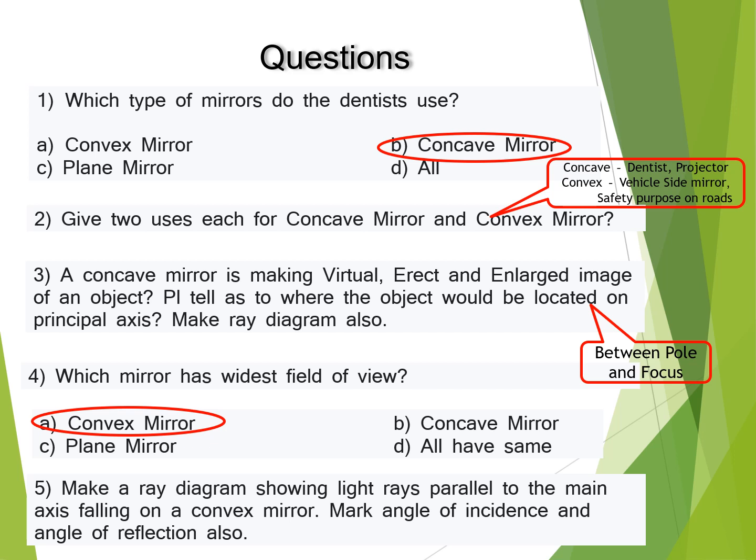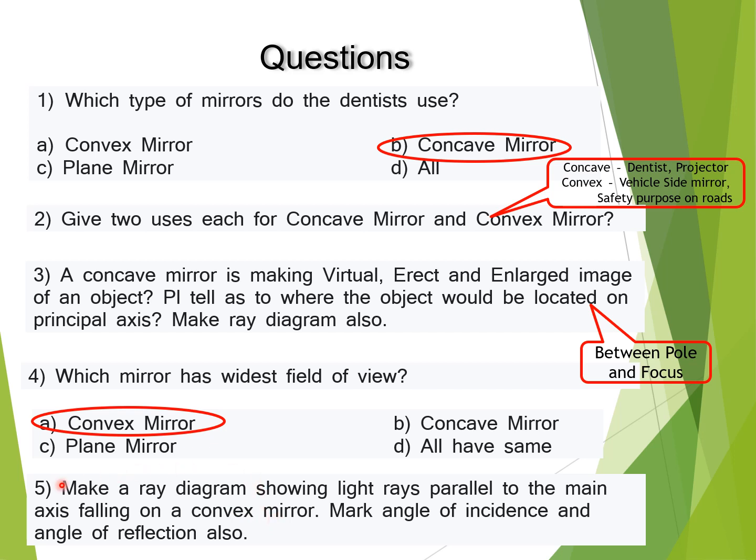And the last question on this slide. Make a ray diagram showing light rays parallel to the main axis falling on a convex mirror. Make the angle of incidence and angle of reflection also. So there were only two conditions for the convex mirror.